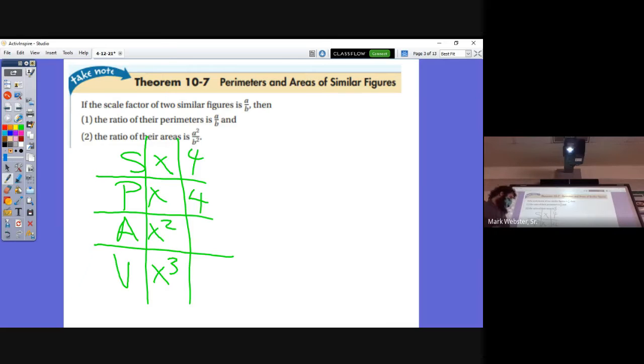Well, if I want to find the area, what do I have to do? I have to square, right? 4 squared is 16. If I want to find the volume, I take the scaling factor and I cube it. 4 times 4 times 4, 64. See, now I have this whole chart here, and I don't have to think anymore.